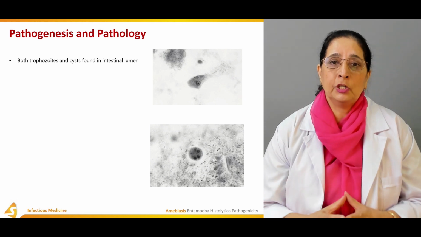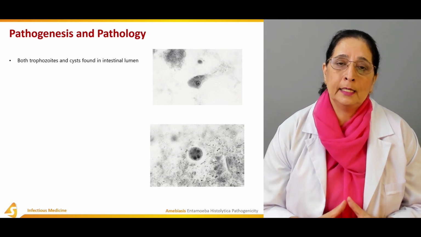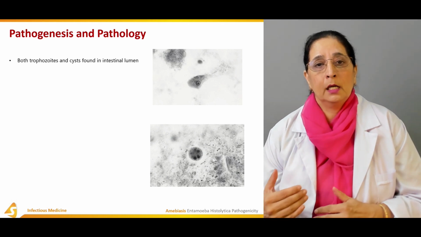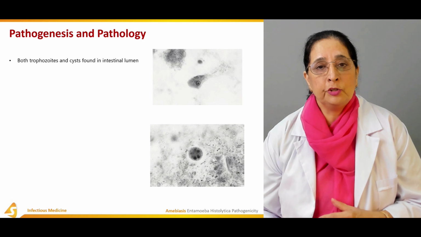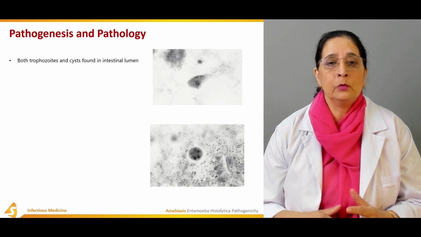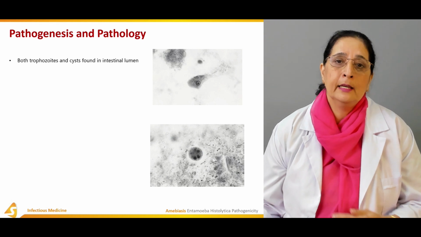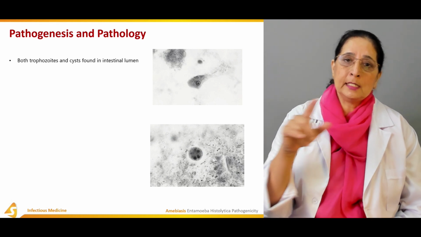Excystation of the cyst occurs in the intestine, and those cysts grow into the trophozoite form, and then the trophozoites again form cysts and are released in the fecal matter. So this is the life cycle.